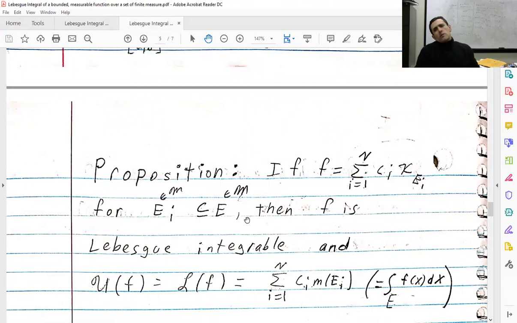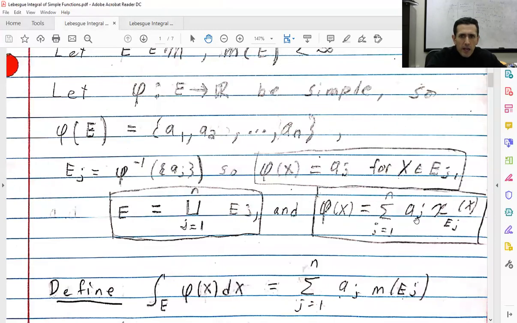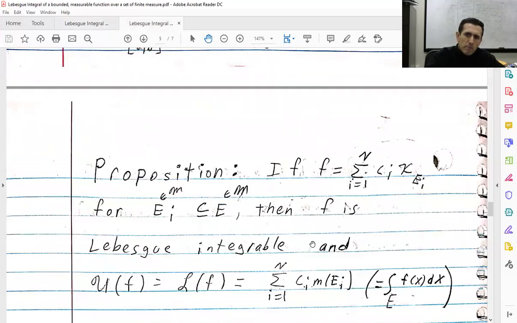And in particular, simple functions are Lebesgue integrable, and the Lebesgue integral defined in terms of the upper and lower Lebesgue integrals is exactly this sum here that comes from, again, our previous definition of the Lebesgue integral of a simple function. Okay.